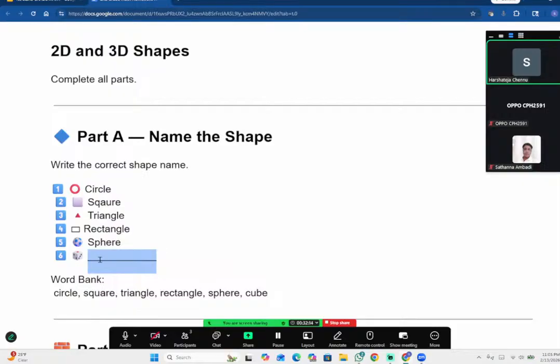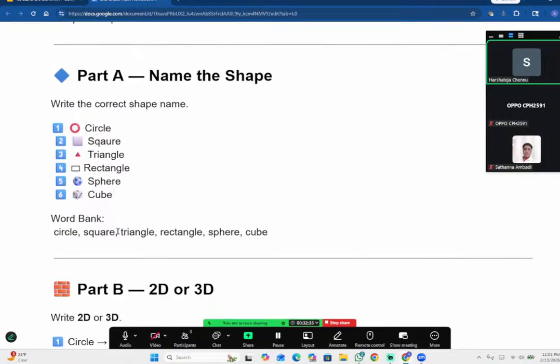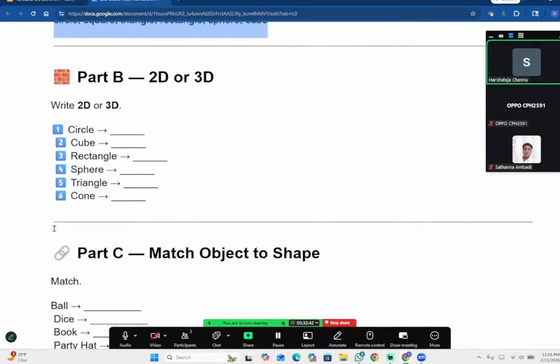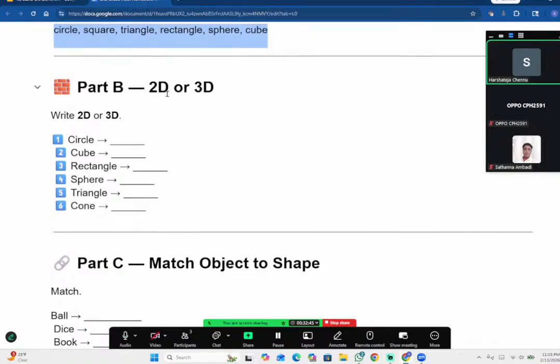So it has 6 square face sides and has corners, and everything is square faced, so we'd call this a dice. But the shape would be a cube. Okay, word bank: circle, square, triangle, rectangle, sphere, and cube. Part B, 2D or 3D. So we write 2D or 3D.